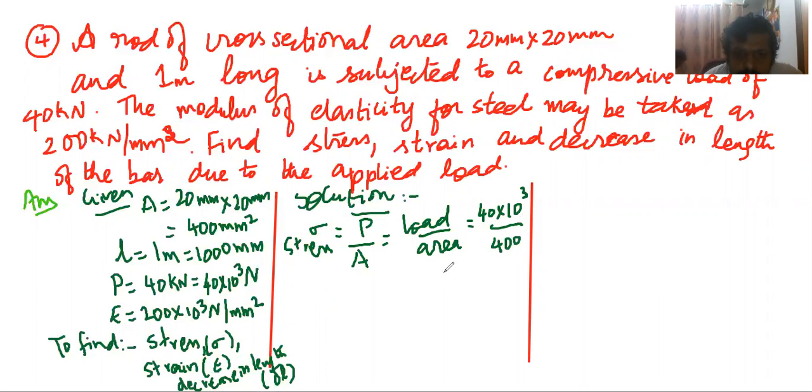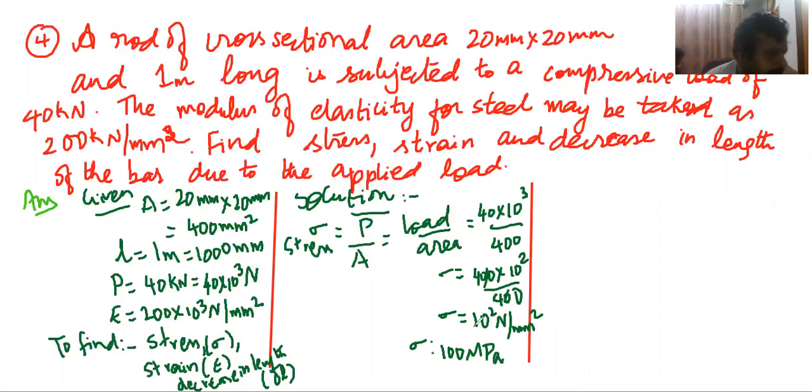So sigma equals 400 into 10 square by 400. The 400 and 400 cancel, so sigma is 10 square Newton per mm square. So sigma is 100 megapascals, or 100 Newton per mm square is also fine.